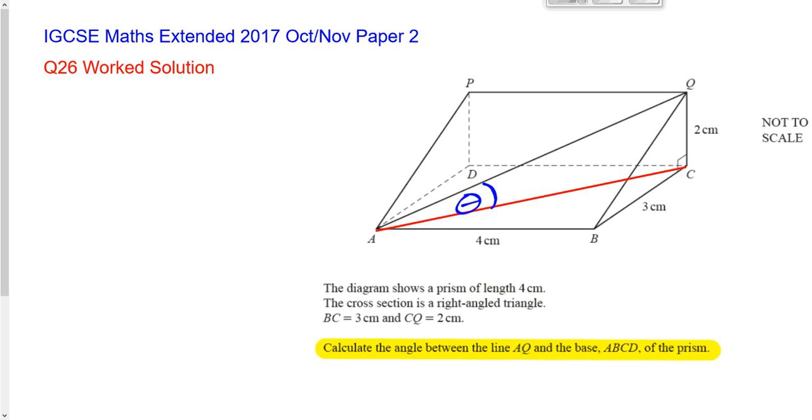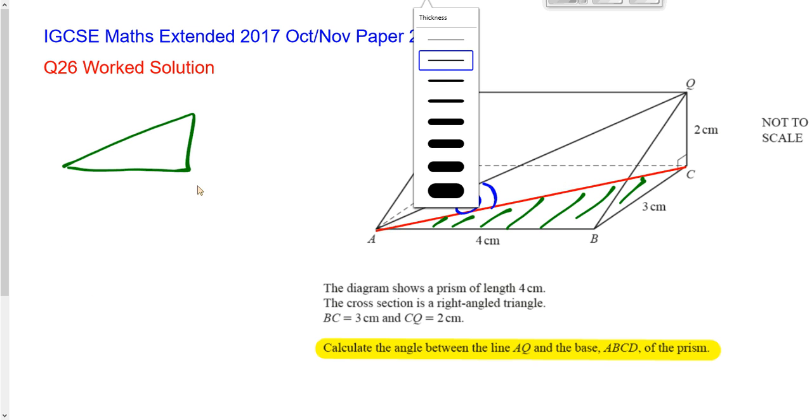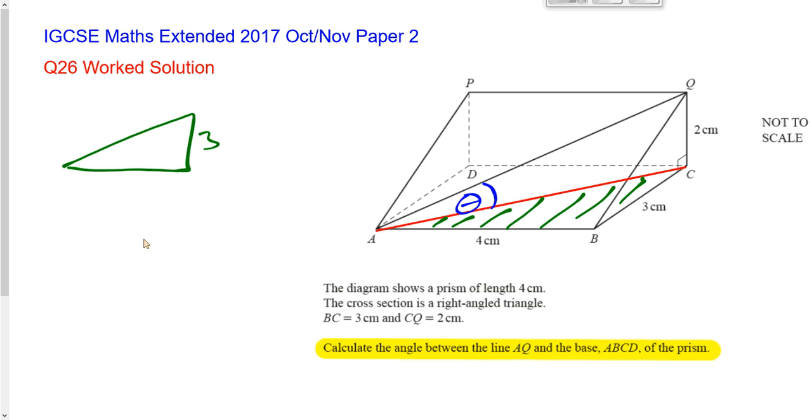And we're going to use our good friend Pythagoras. So let's go for green here. If we look at this triangle here, we're going to have a triangle which looks like this, and we know that we have 3 centimeters here, and this is 4 centimeters here.